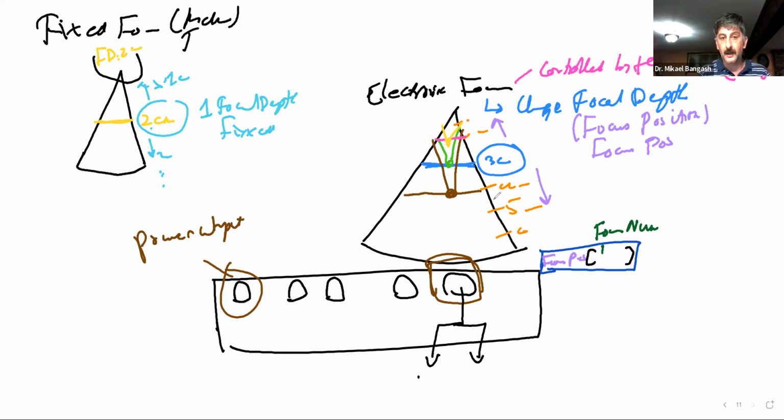Because this time, what you will see is that focus num is going to be inside the bracket. So the function inside the bracket is going to be the inactive function at this point. Clear? Did that make sense?